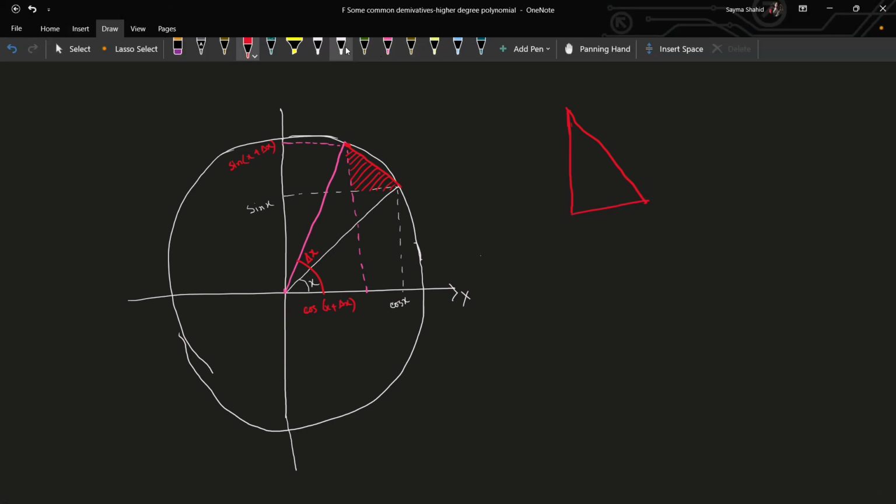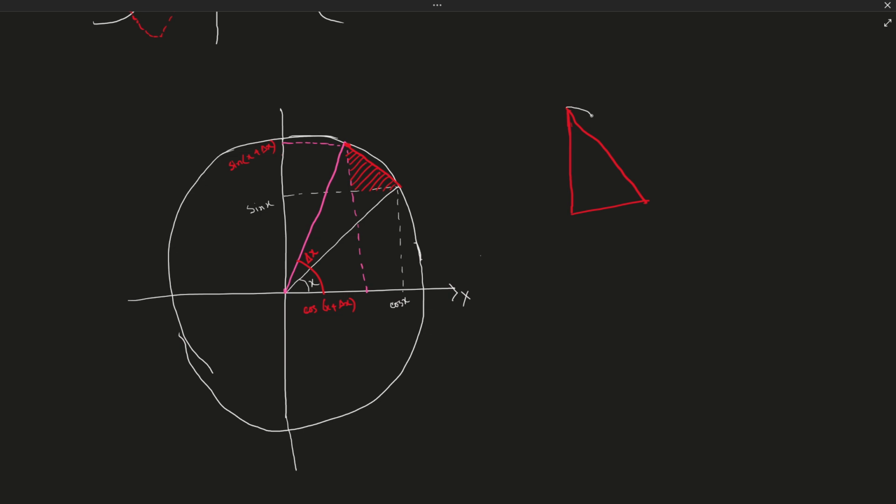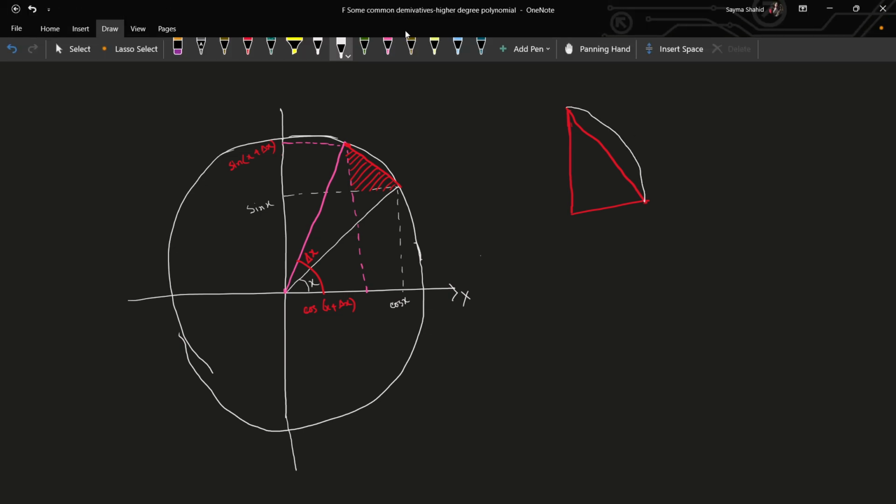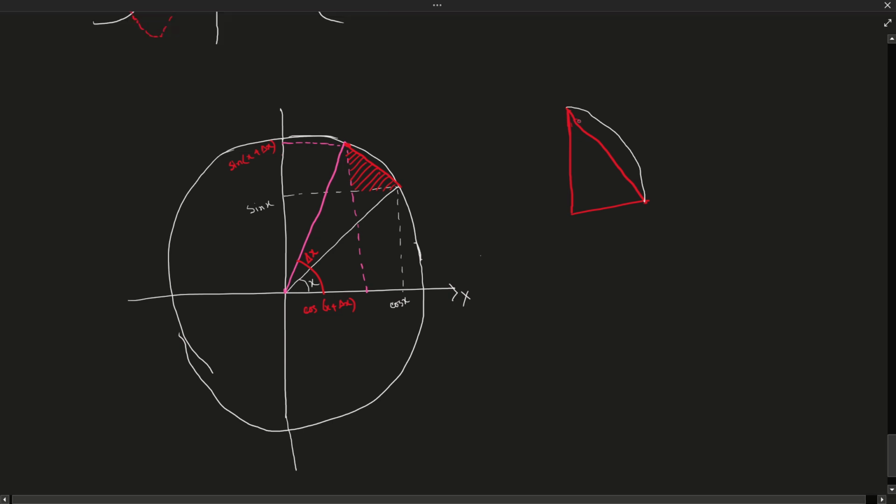And our circle was like this. Okay, now suppose we have an angle here, it's phi.